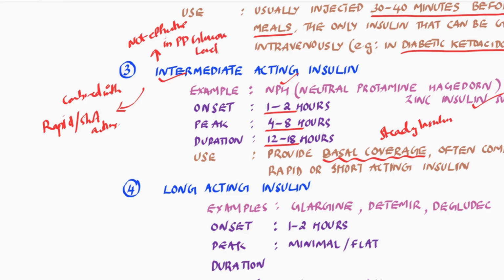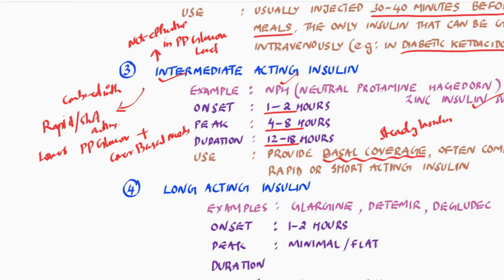For that purpose, we need rapid or short-acting insulin. So when the NPH insulin is combined with the short-acting insulin or the rapid-acting insulin, that formulation can provide both effects. It can lower the postprandial glucose spikes as well as cover the basal needs. That means it maintains the insulin level steady throughout its duration of action.